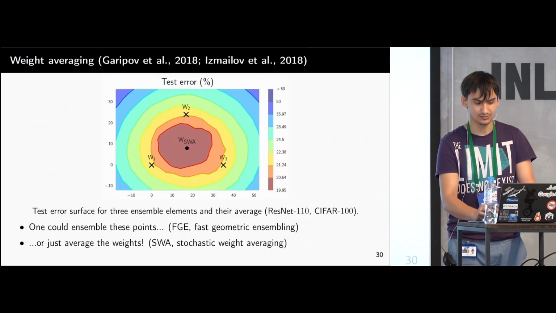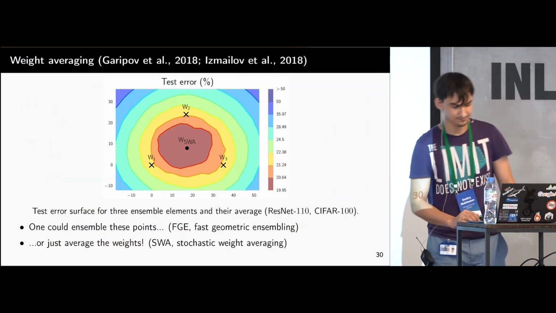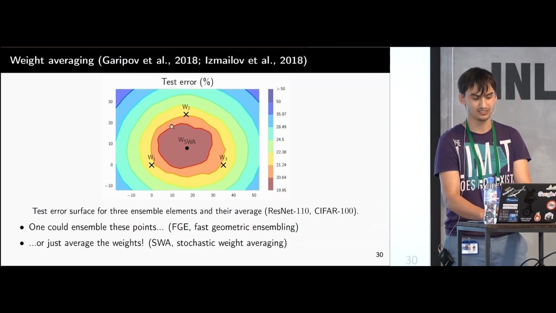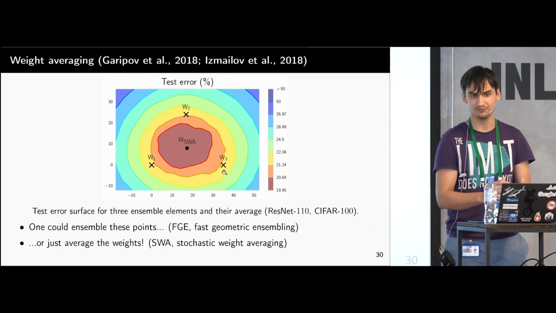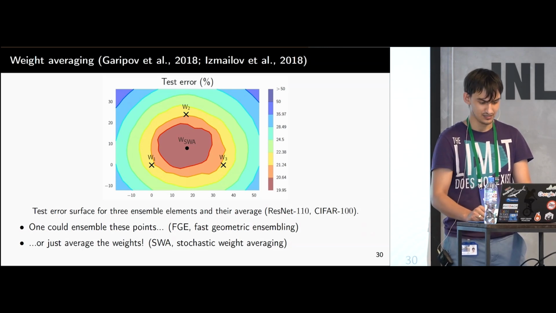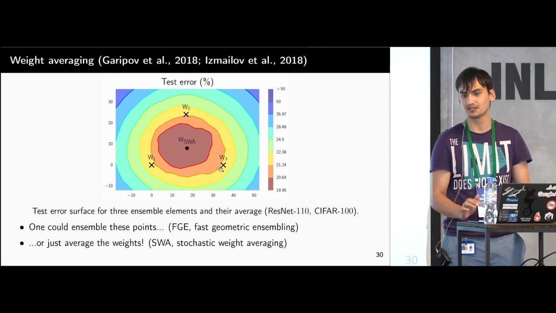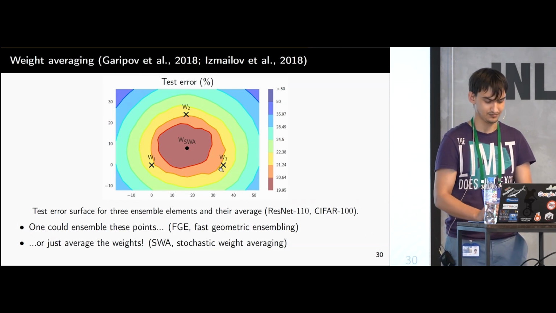Yeah. So if you plot several points like W1, W2, W3, which all come from the same local optimum but from different SGD iterations, it turns out that all of them have the same testing error and the same training loss, but the functions are different.